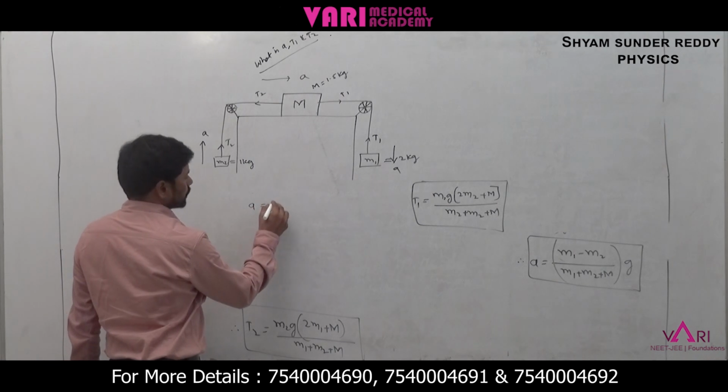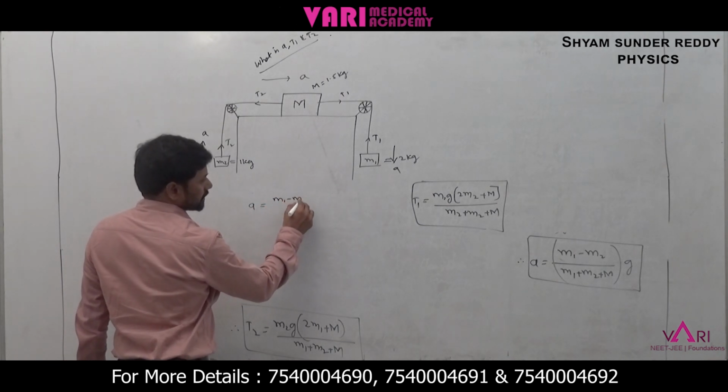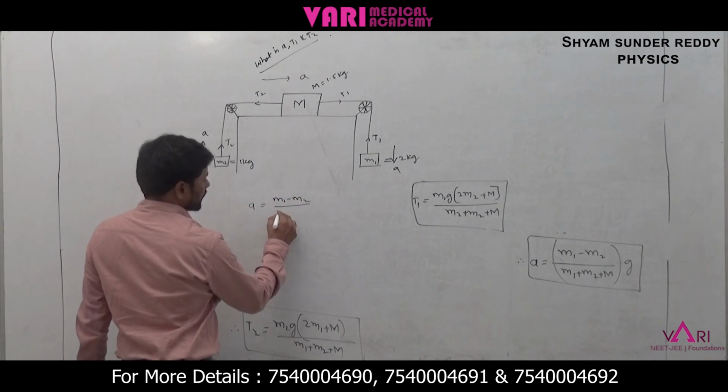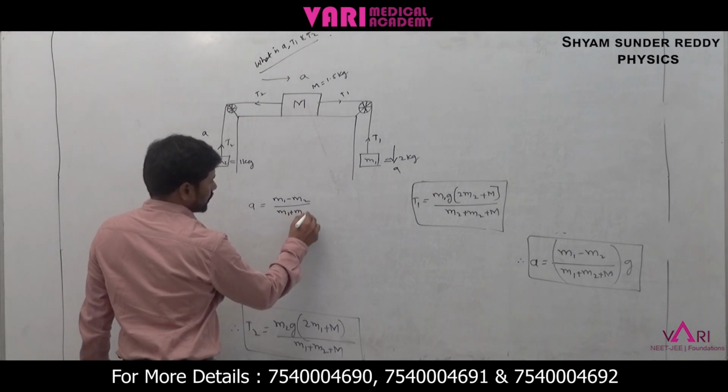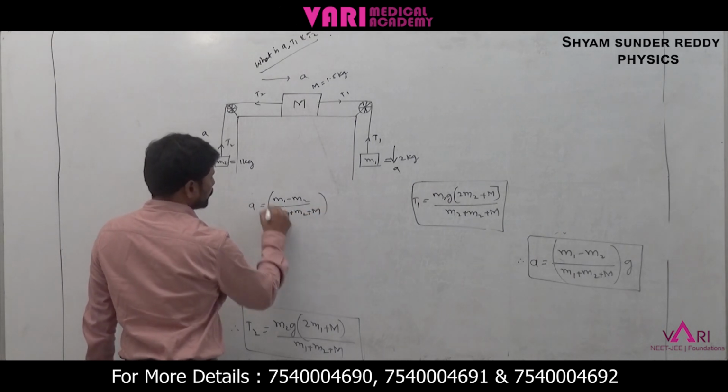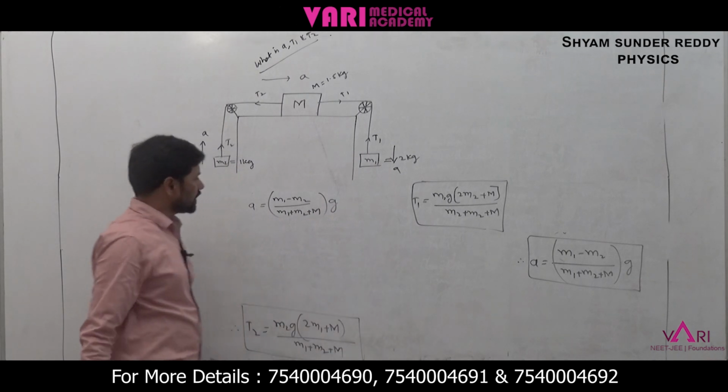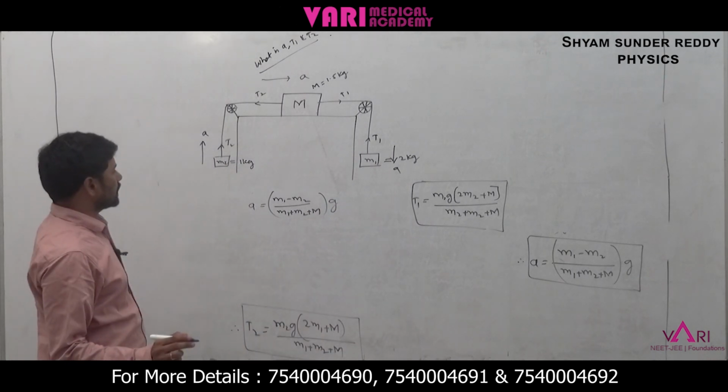Acceleration A is equal to (M1 minus M2) by (M1 plus M2 plus M) into G, right? Just substitute the values.